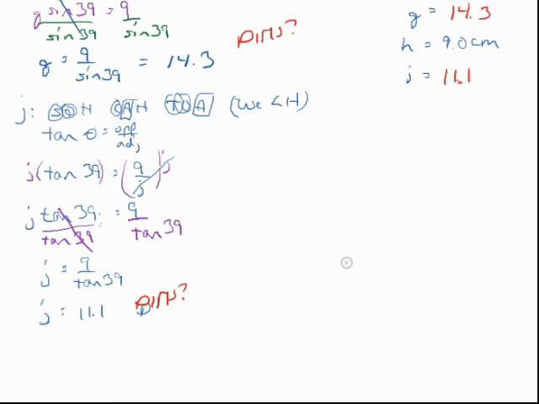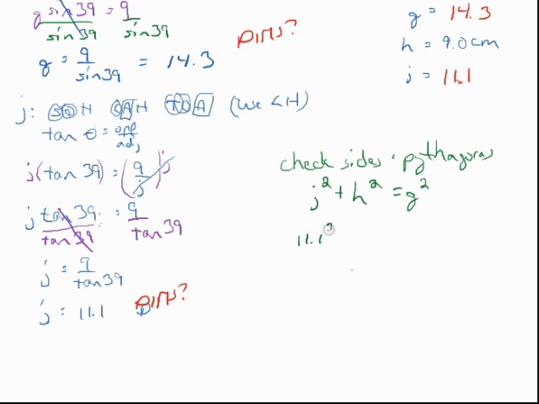So we're going to check the sides using Pythagoras. And oops, J squared, let me fix that. J squared plus H squared equals G squared. 11.1 squared plus 9.0 squared equals 14.3 squared.